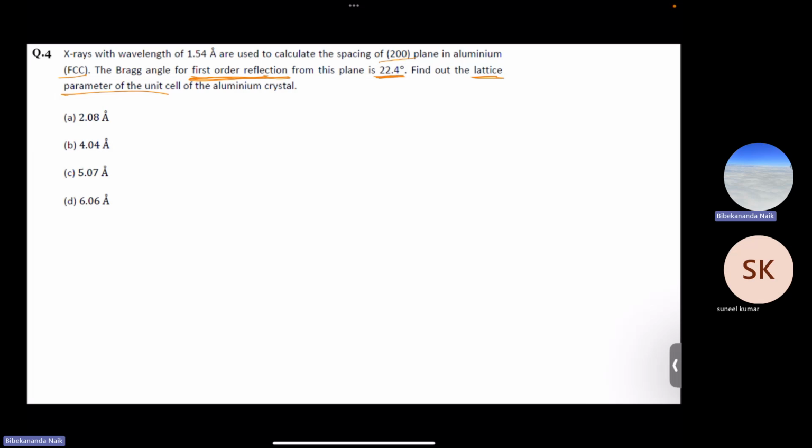So again, the formula is 2d sin theta equals n lambda. n is equal to 1.